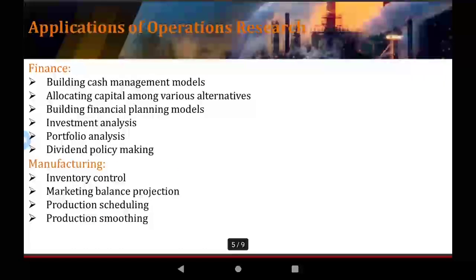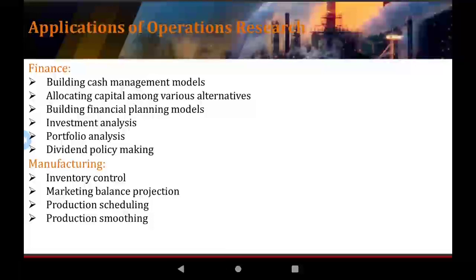Applications of operation research in finance: the building cash management models. Okay.